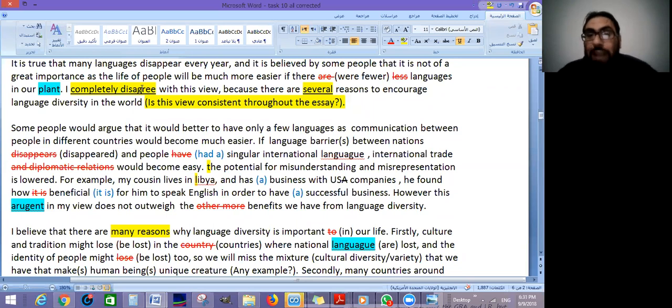So then we can acknowledge that his cousin is having a good life because he knows English and so on, and life is good for him. We don't have a problem here. But here he completely disagrees with the opinion of life being easier, and then he doesn't say that this is not true. He just states that the benefits of language diversity outweigh communication.